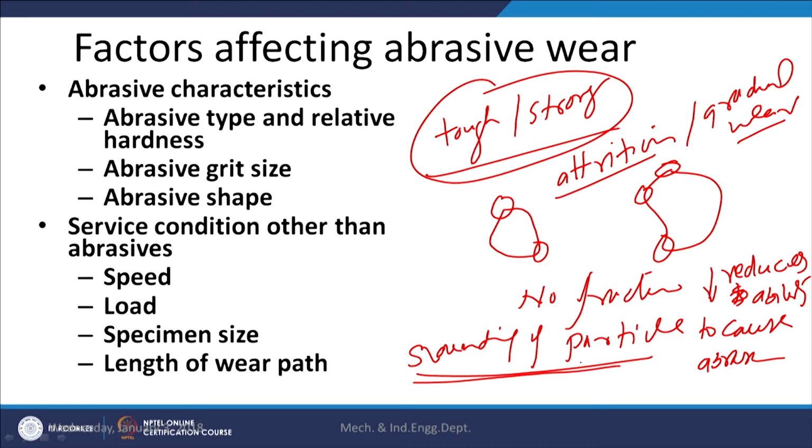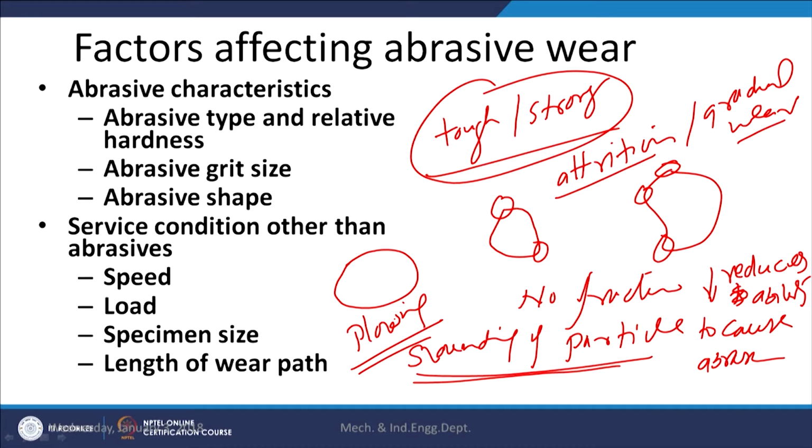So, even if the particle is very large in size, but if it does not have sharp corners, then it will have a tendency to cause more ploughing action rather than cutting or micro cracking. Cutting will be more effective when sharp corners and edges are present.